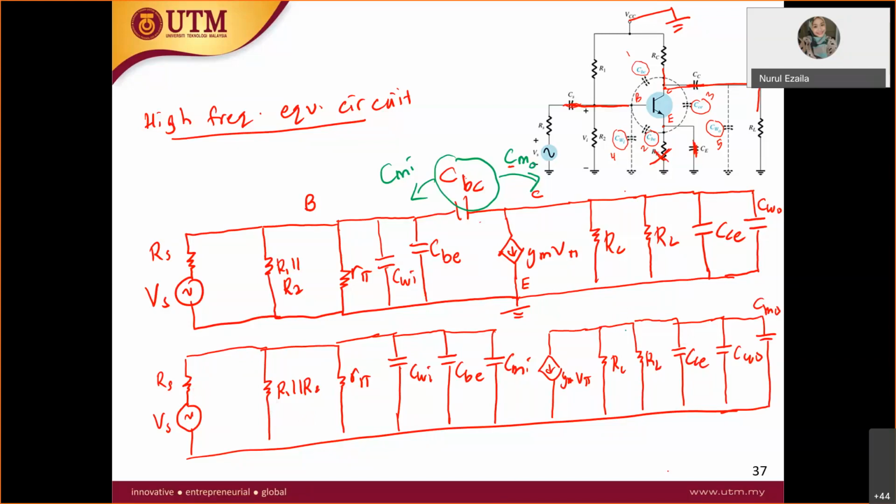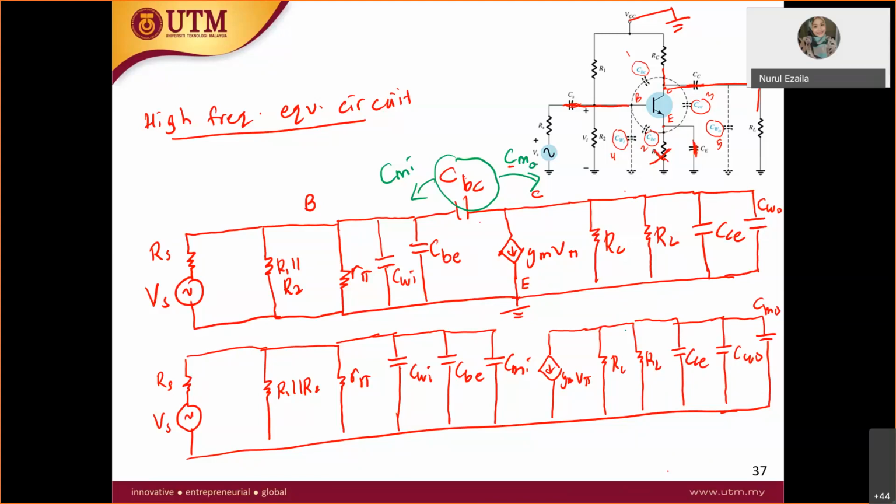Now we want to find the total impedance. Similar to low frequency, the effect of each capacitor will be studied separately, for the input part and the output part.